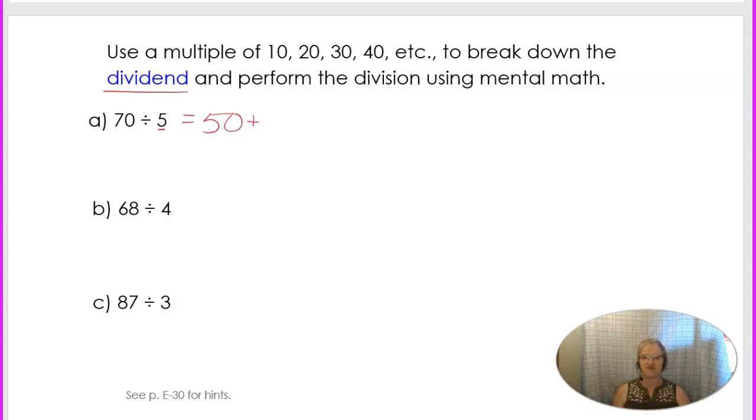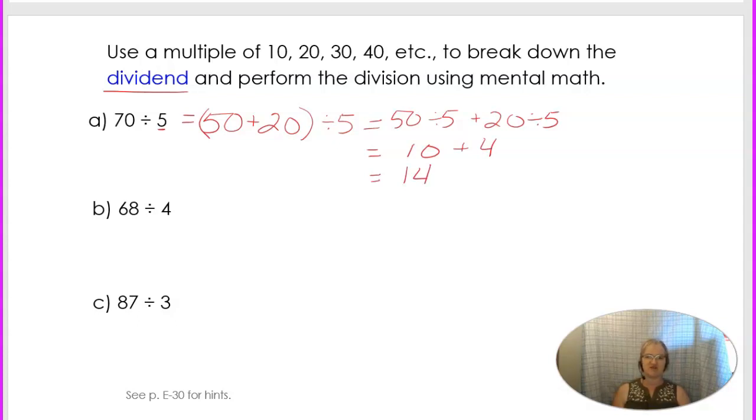And if I take 50 out of 70, then it leaves me with 20. So 50 plus 20 divided by 5 sounds easier to do. So 50 divided by 5 plus 20 divided by 5. And that will equal 50 divided by 5 is 10, plus 20 divided by 5 is 4, and we end up with 14. So 70 divided by 5 is 14.